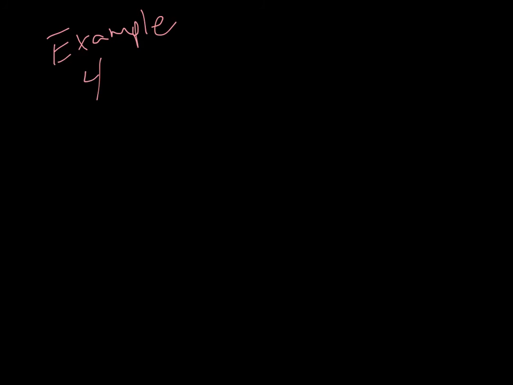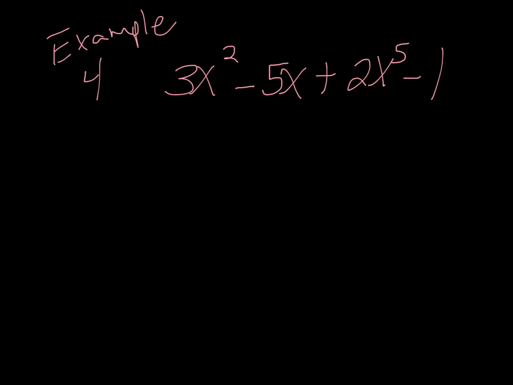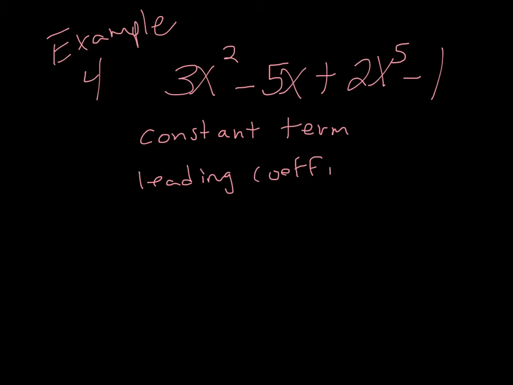So I might have this polynomial, 3x squared minus 5x plus 2x to the fifth minus 1. And I might want to determine the things we just found out: the constant term, the leading coefficient, the leading term, and the degree.